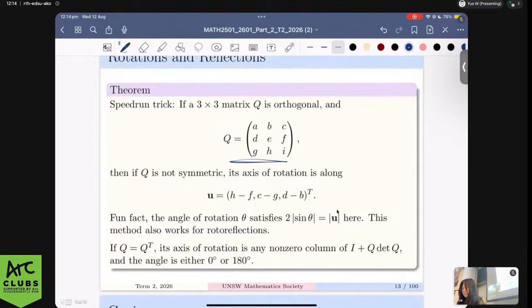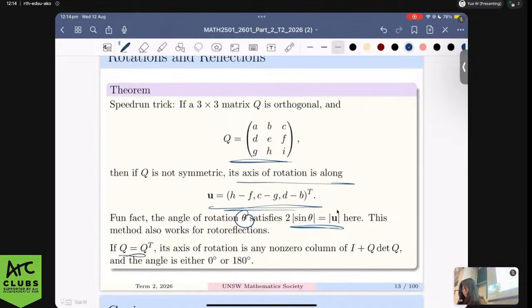If you consider an orthogonal matrix Q, and if Q is not symmetric, the axis of rotation is along this thing here. And the fun fact about this is that the angle of rotation, say theta, satisfies this form here. And this method is very nice because it also works for rotoreflections.